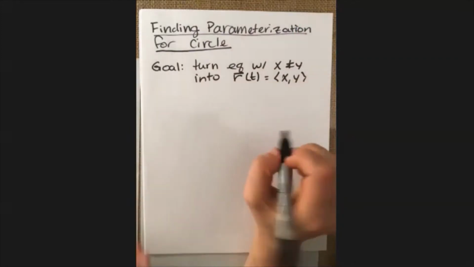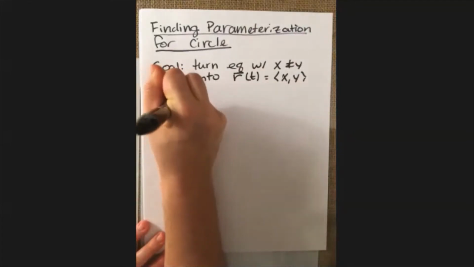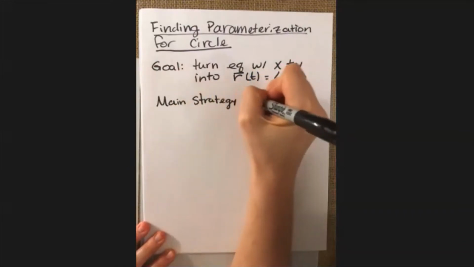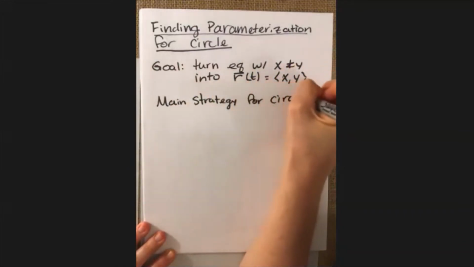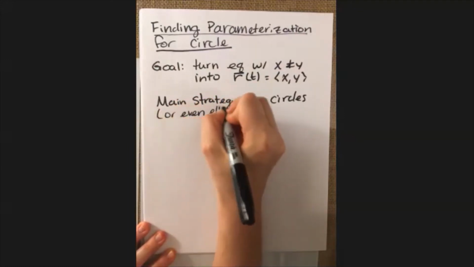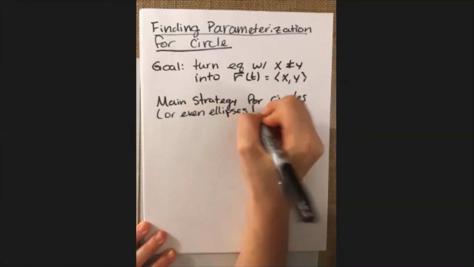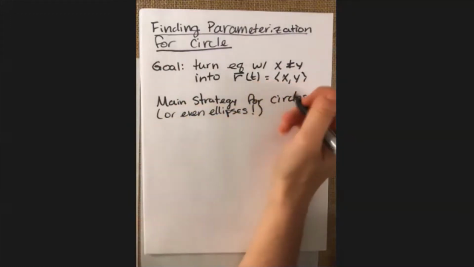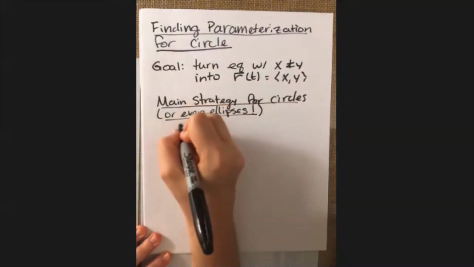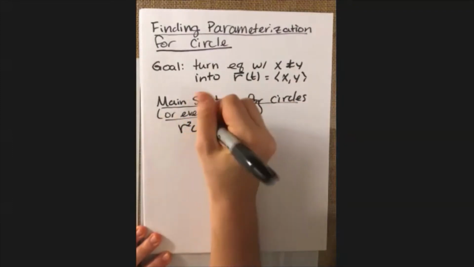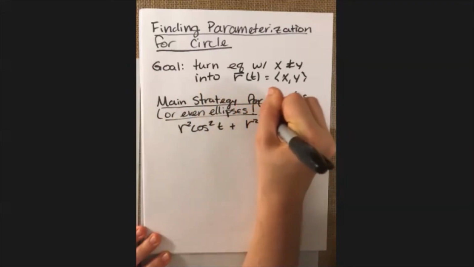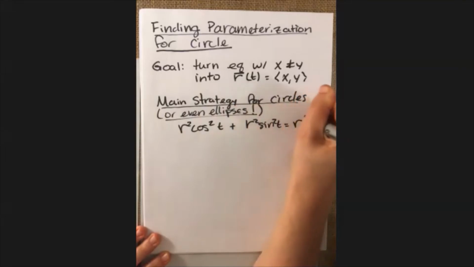And when we're working with circles, the big idea, or if we even actually want to look at even ellipses, though I won't cover that in this video, we are going to use the equation r squared cosine squared of t plus r squared sine squared of t is equal to r squared.